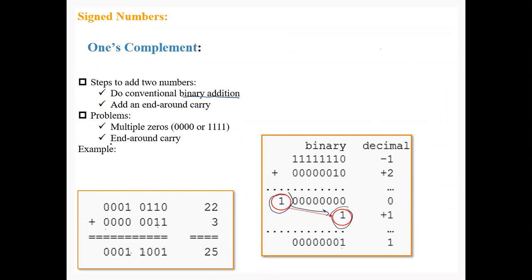That's called end around carry. Then the other problem is also 0. It doesn't have a unique representation. This is plus 0 and this is minus 0, but both of them should be 0, right? Because plus 0 is 0, minus 0 is 0. So both of them should be the same representation instead of different. So that's kind of confusing. And also end around carry is another problem, as you have already seen.